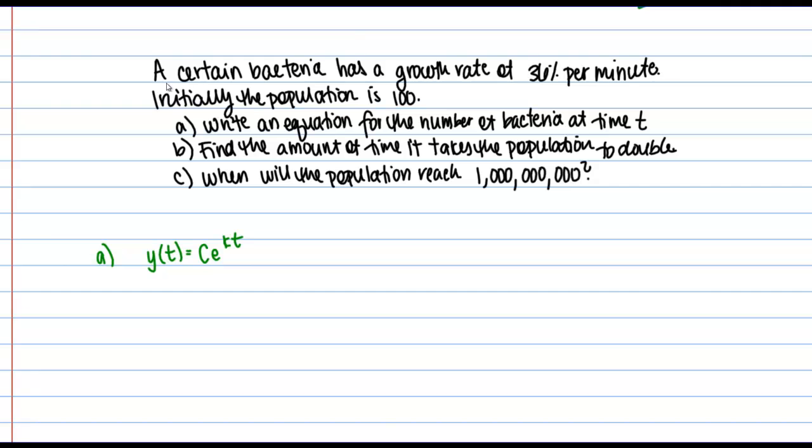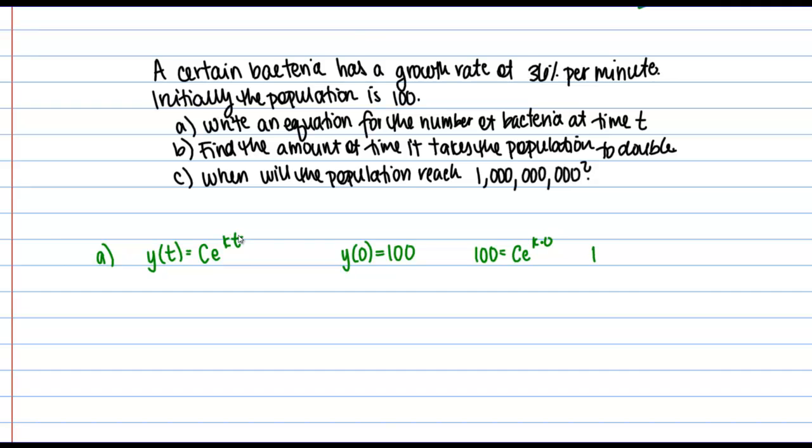So let's start by using this piece of information that initially the population is 100. Okay, so how do we use that? Well, initially the population is 100 means that y of 0, right, so the population at time 0 equals 100. Okay, so then if I plug in 0 for t, I'm going to have 100 equals c e to the k times 0.